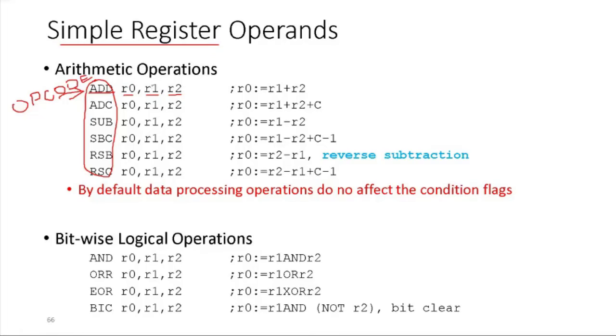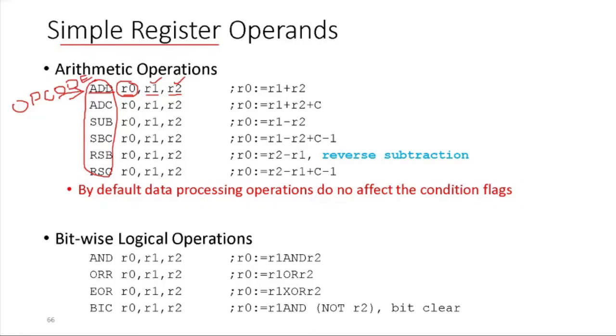R1 is the source register, source operand 1, and this is source operand 2. First source operand, second source operand, and this is the destination operand. R0 is the destination operand. This we have seen already in one of the previous sessions, and anyway I'm telling it here. So these 2 are the source operands, and this is the destination operand.